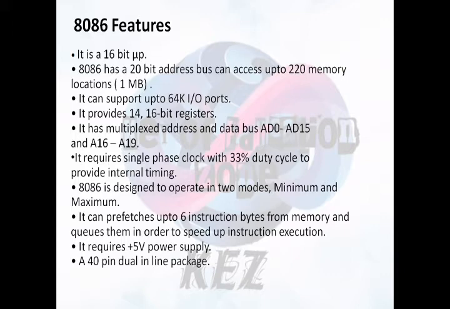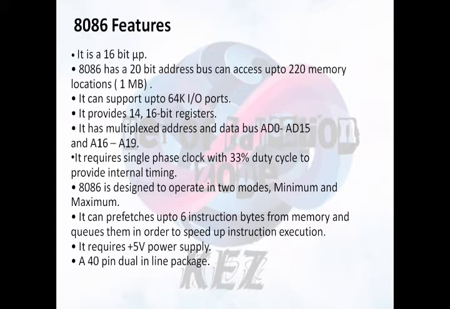What you have to remember from here: 16-bit microprocessor, 20 address buses, they can access up to 2^20 memory locations, 64K input-output ports, the address buses AD0 to 15 and A16 to 19, these pins. Then they can operate in two modes, minimum and maximum, and at a time it can fetch 6 instructions, so one by one it will execute.